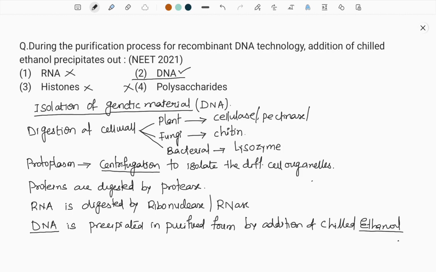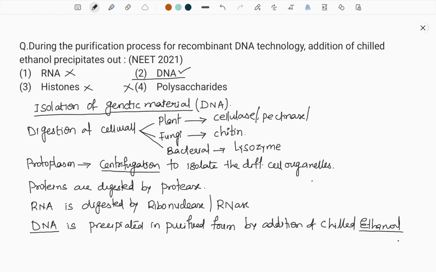We know that DNA is acidic and negatively charged, and DNA migrates during the electrophoresis technique to the positive electrode, that is the anode, because of its negative charge. And this negative charge of DNA gets neutralized and compensated by the addition of basic histone proteins.